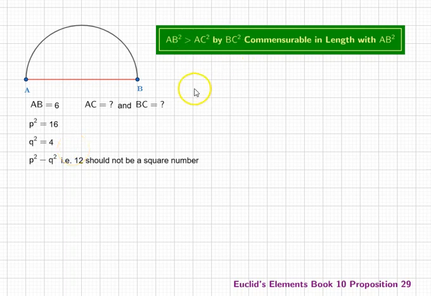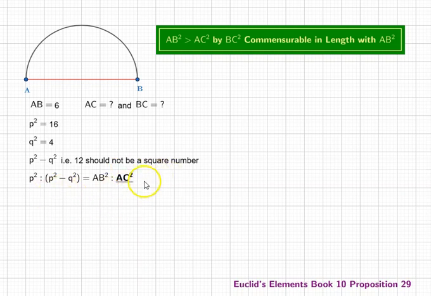Remember, we have this setup now, and we have these numbers set up. Now we use proportions to figure out one side of the right angle triangle. So p square is to p square minus q square, that is 16 is to 12, is equal to AB square is to AC square, the number that we have to figure out.